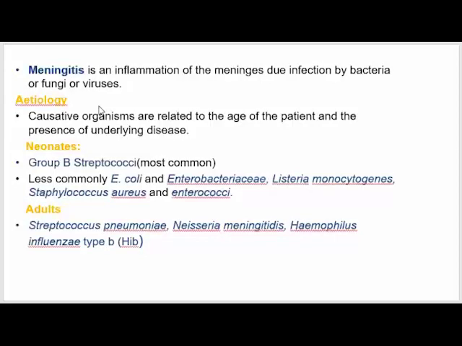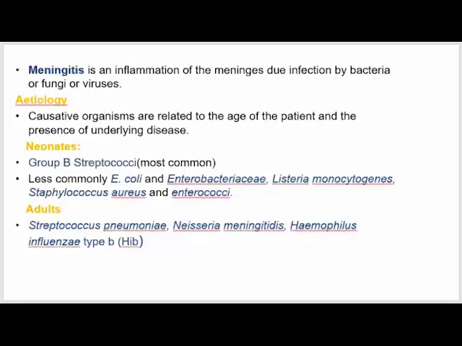Neonates, you will see group B streptococci are the most common. Then, of course, you will see others that are less common, like Listeria monocytogenes, Staph aureus, E. coli, Enterobacteriaceae, and Enterococci.